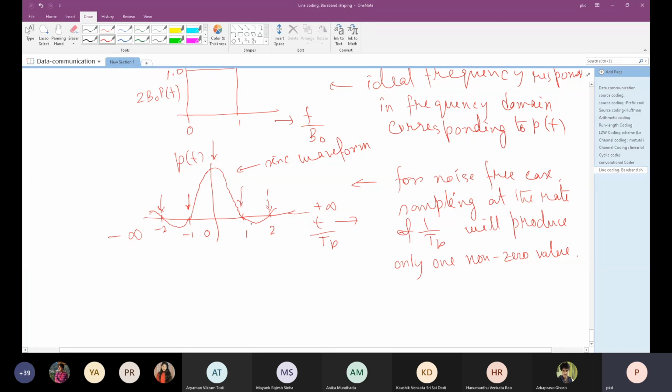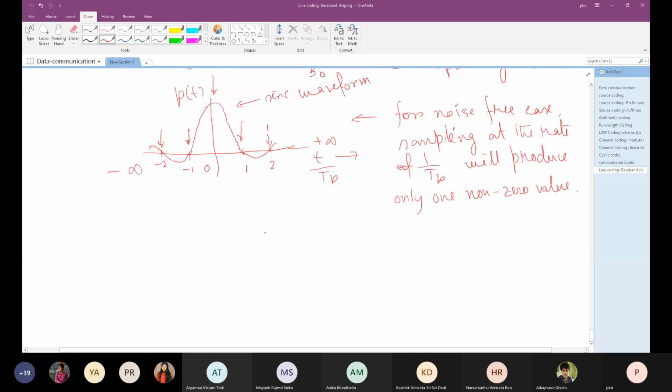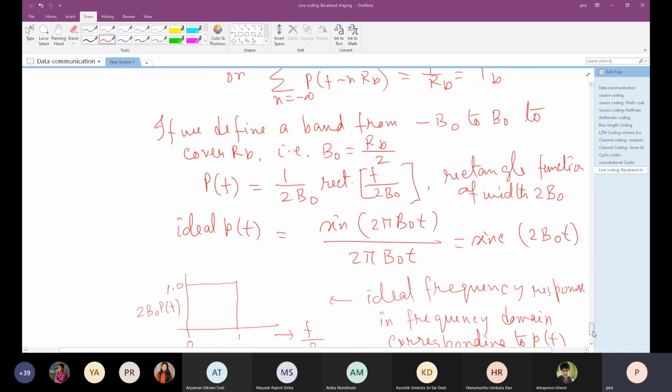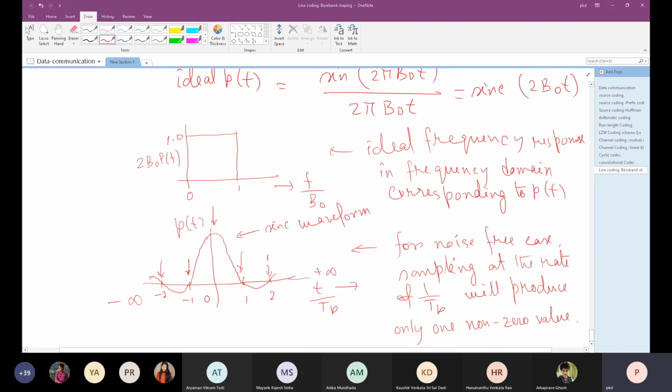Of course, in the presence of noise, this is no longer valid. There will be a shift of this PT, as well as a modification of the corresponding spectrum. But for noise-free cases, if we have a designed PT like this, then we could choose a sampling rate TB. Of course, it has to be exactly at the integer multiples of TB.